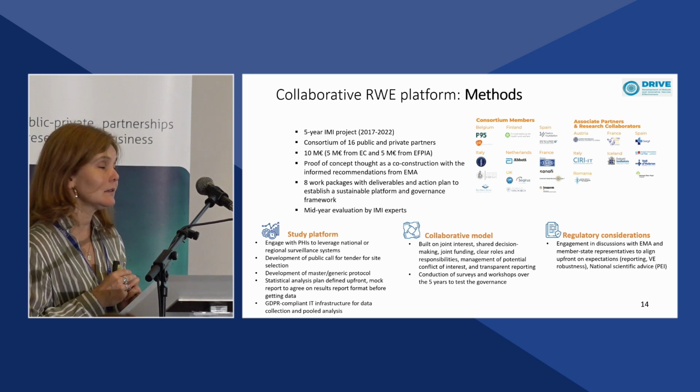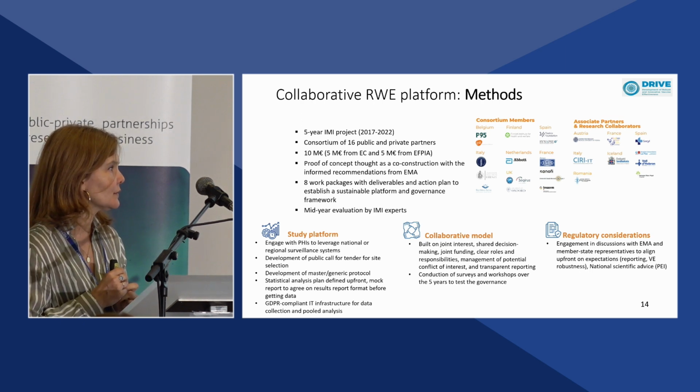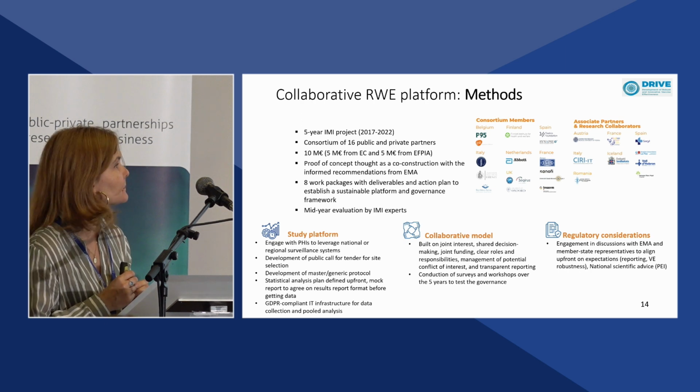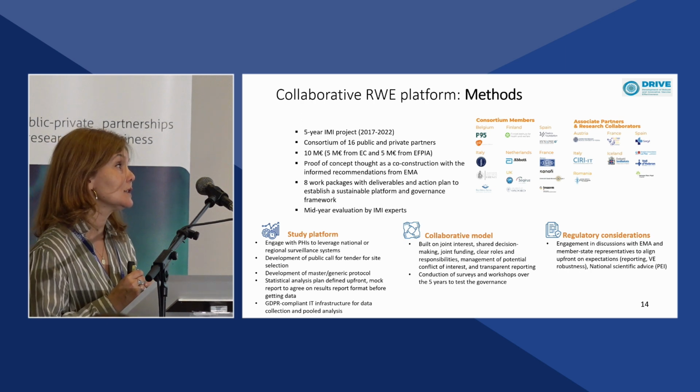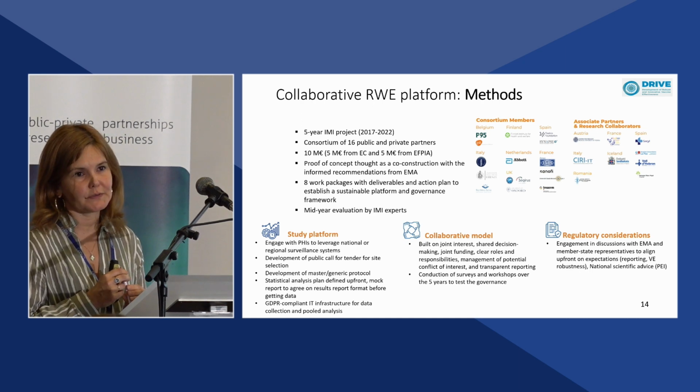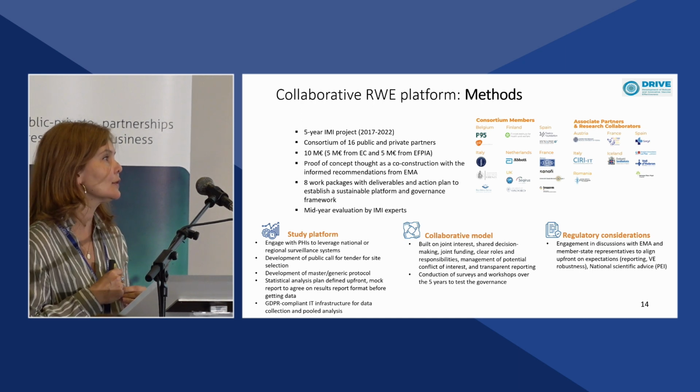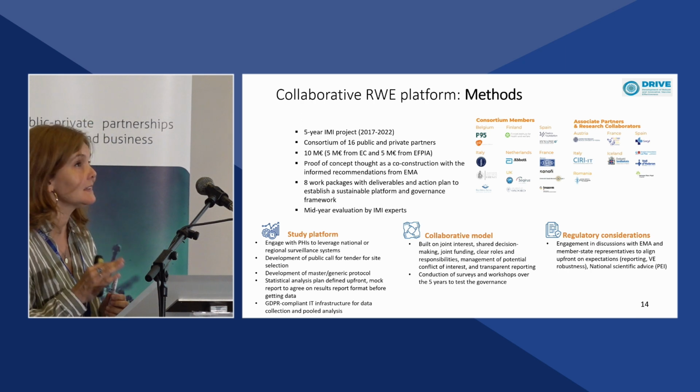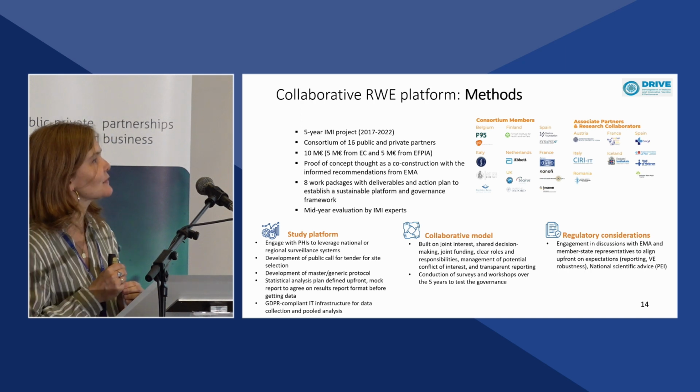And we had several surveys and workshops along the 5 years to test governance. And finally, which was very important, EMA was at the start of this project, and they followed us all along the 5 years, and we still have some discussion 2 years after.